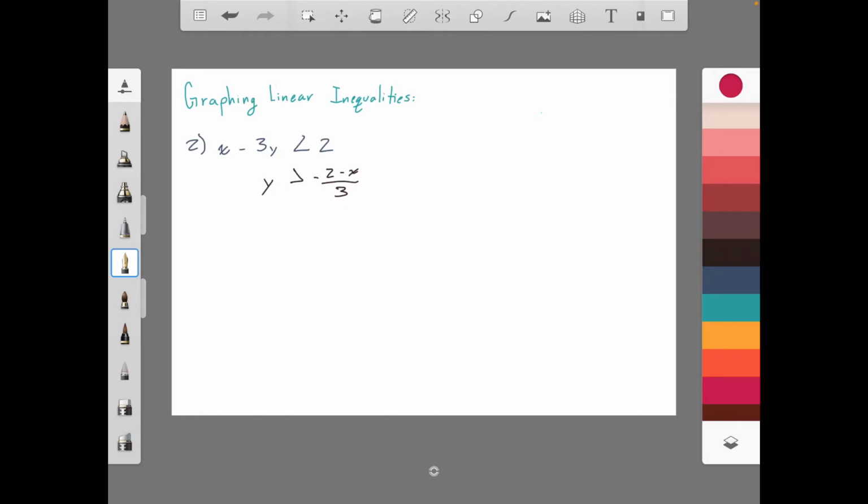We're going to choose any random number we can think of, and use that to find the values of y. So let's say 0, 2, and 4.